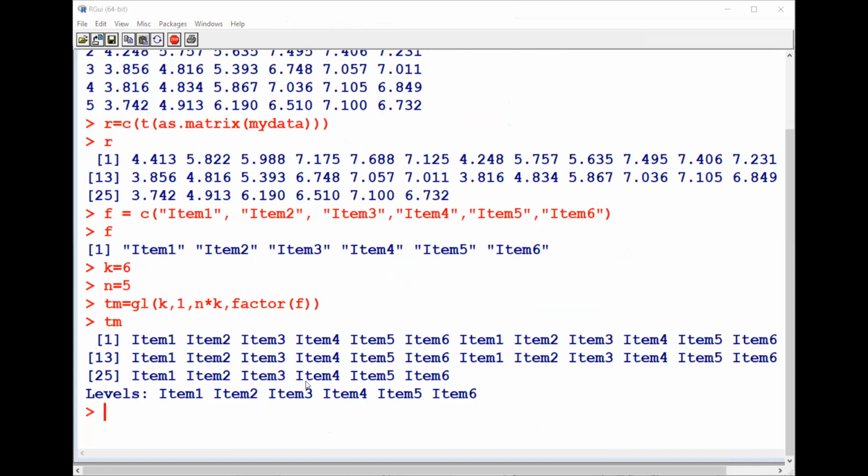So now if I want, I can run the Anova table. I'm going to give a variable name, and I'm going to use the built-in function Anova. So by now you know how to run the CRD in R. First I have to give the concatenated observations and then these labels.